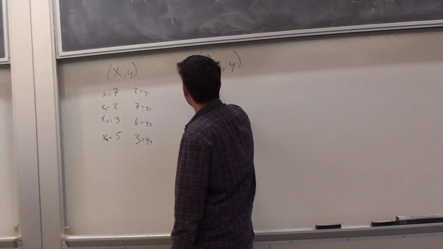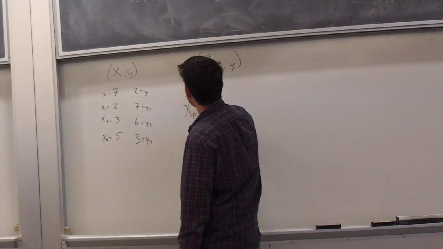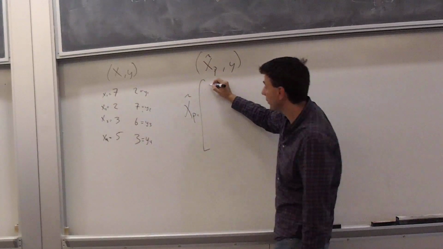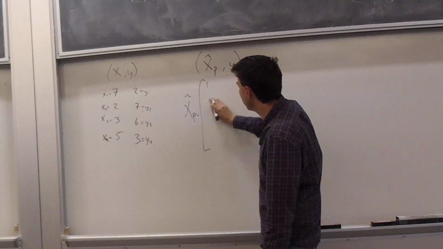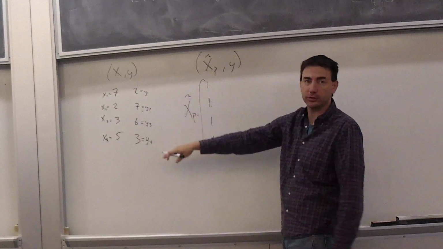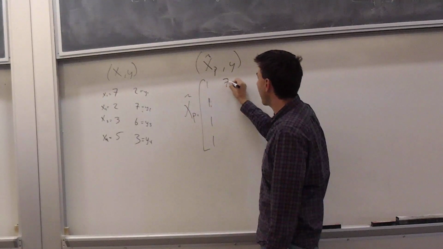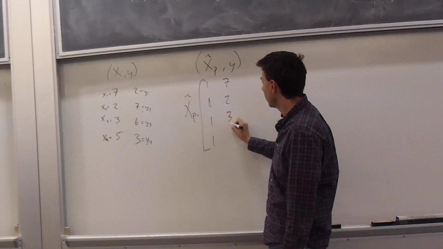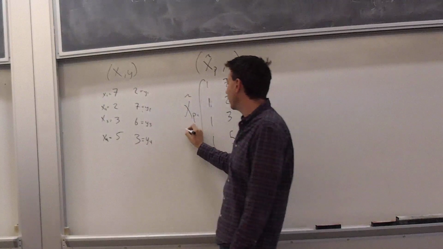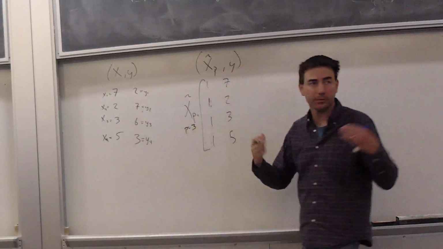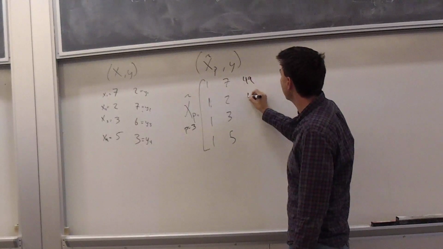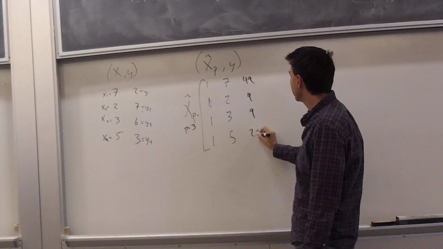So this turns into, first, this matrix here. The first column is going to be all ones, like we did before. The next column is going to be x1, x2, x3, x4 coming down here. I just copy those over. Okay, and then the third column, if I say p equals 3, so we'll go up to the third power, will be 49, 4, 9, 25.